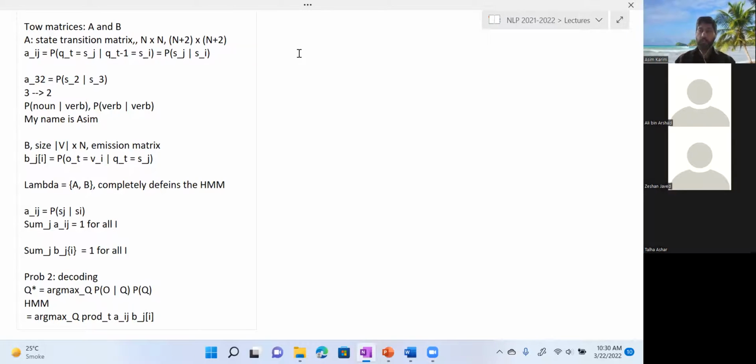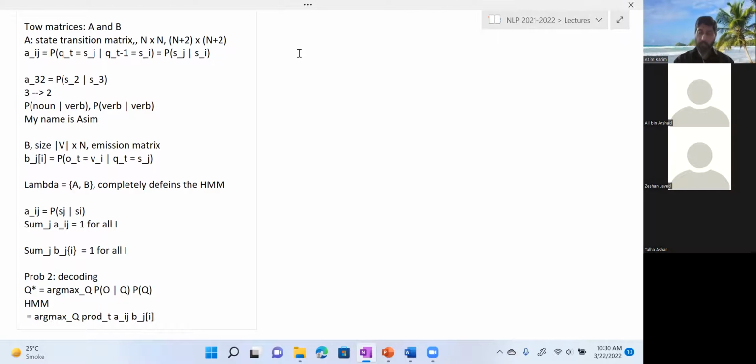So this is what we want to compute. Small a is the state transition, and small b is the emission probability, the probability of O given Q.